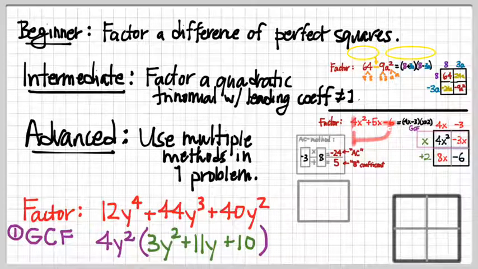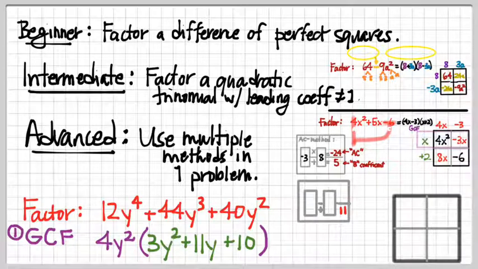So we need a pair of numbers which multiply together to give me something and which add together to give me something. What should they add together to give us, first of all? What should the sum equal? That's always going to be this middle coefficient, 11, the b coefficient.